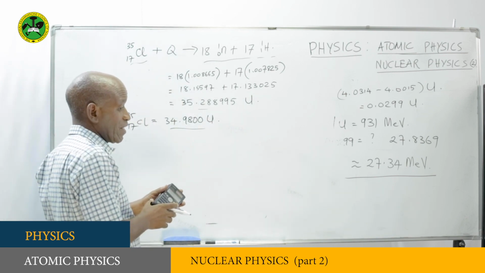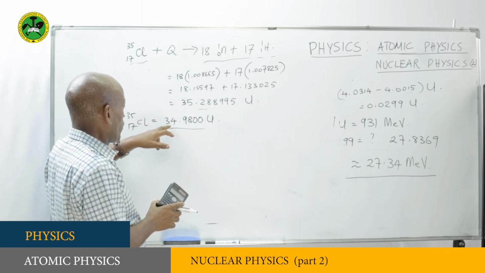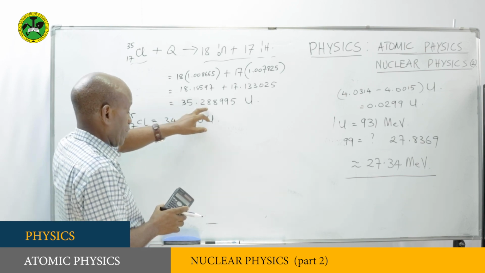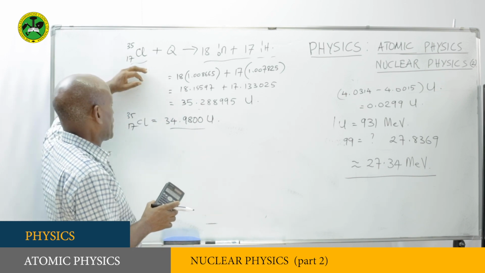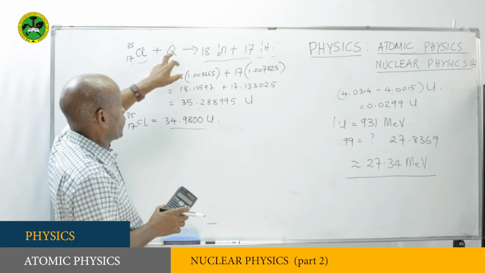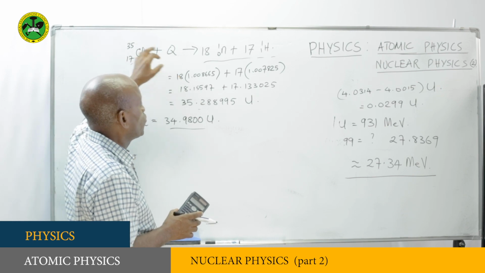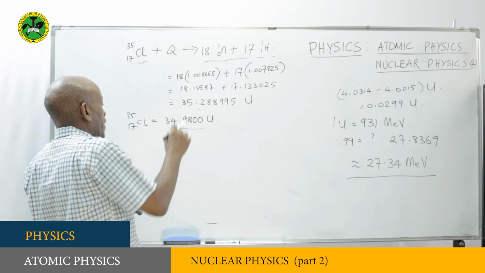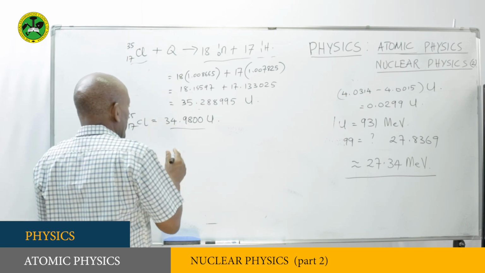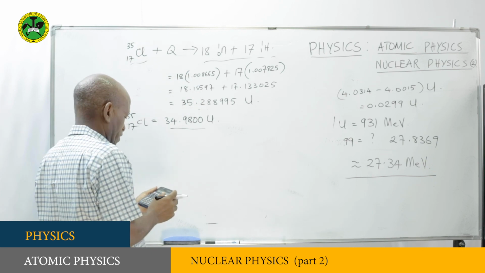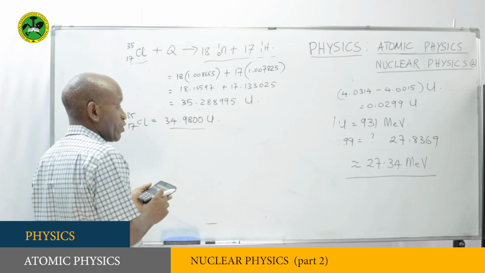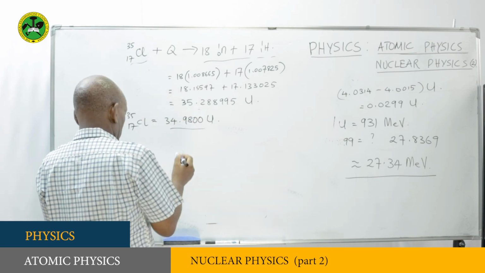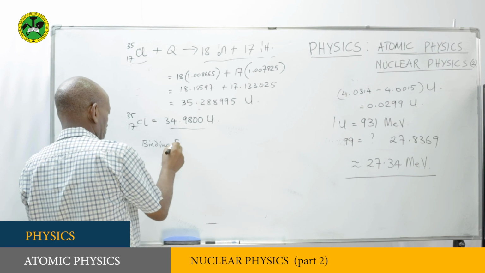As I have already said previously, the mother nucleus has less unified atomic mass than the products. So it really makes this chlorine stable, and that's why it has to be supplied with an energy Q to have such a disintegration. And then we need to take the difference, which will give us the binding energy. So the difference here we are taking now is for the binding energy.